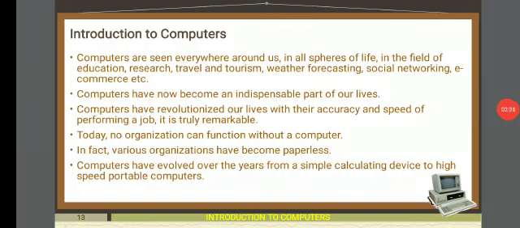So computers are seen everywhere around us in all spheres of life: in the field of education, research, travel and tourism, weather forecasting, social networking, e-commerce, everywhere. It has become an indivisible part of our life, part of our day-to-day life, and it also performs jobs very fast.